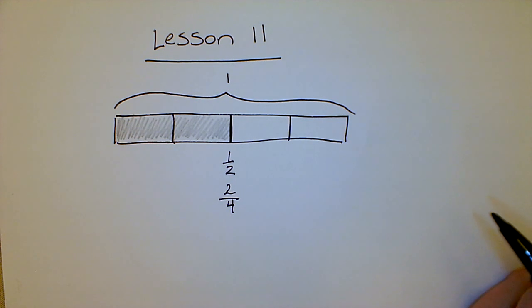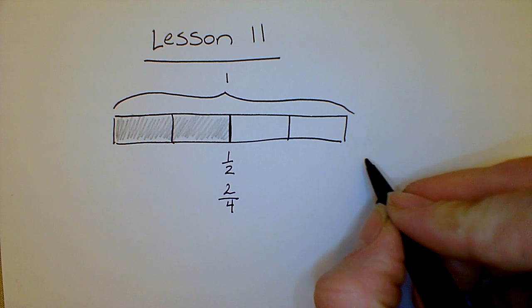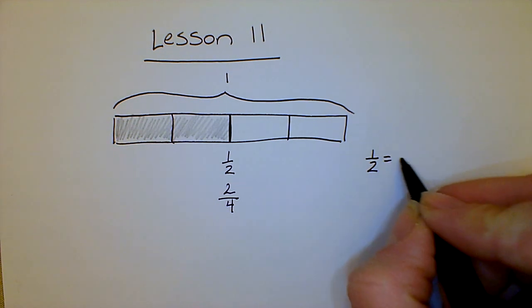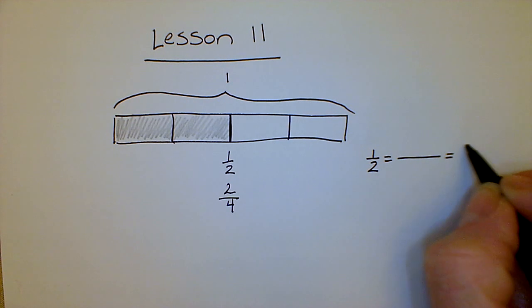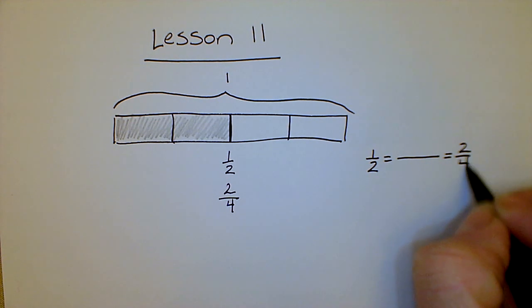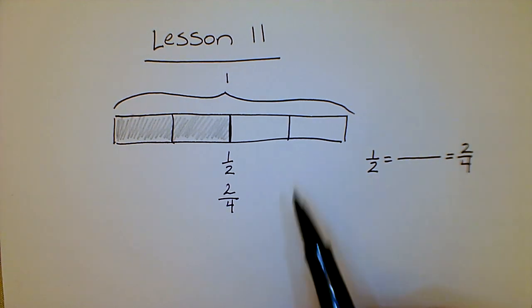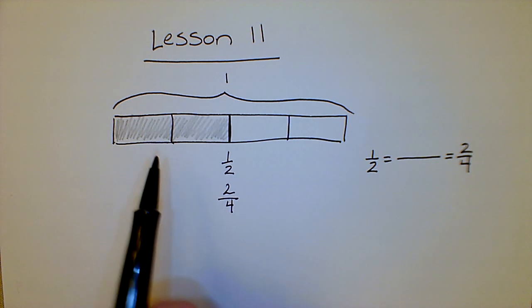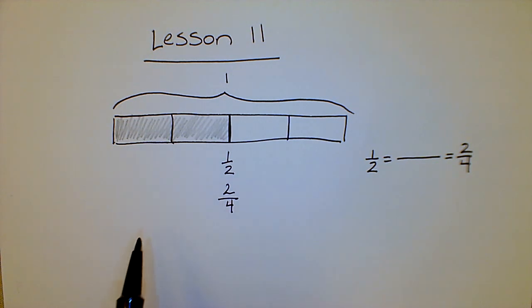Let's go ahead and just really quickly write that number sentence as a review. So what I could have done is said that I have 1/2, and I want to turn that into 2/4. And the way that I did that was by taking each half and decomposing it into 2 more pieces.